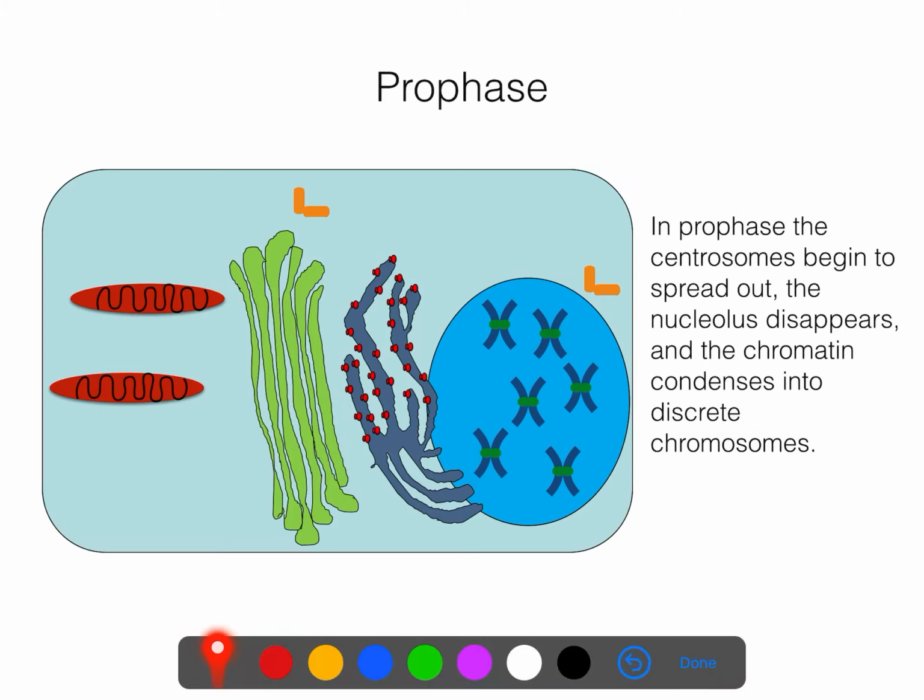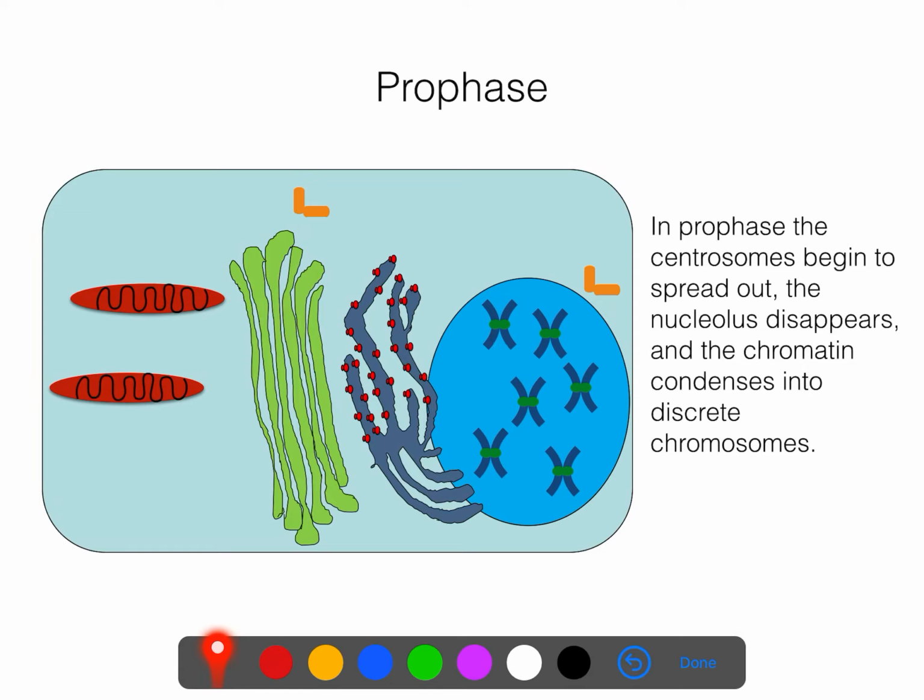So prophase. In prophase, the first phase of mitosis, the chromatin, or the chromosomes, condense, which means that instead of having their DNA all strewn about, it gets packed up tight into a bunch of individual chromosomes.